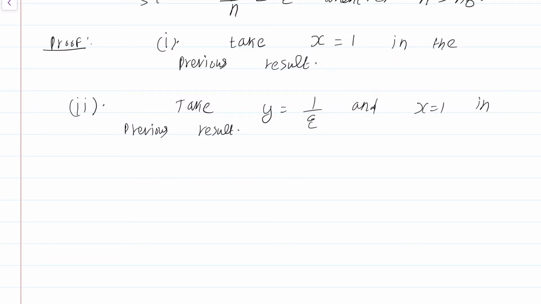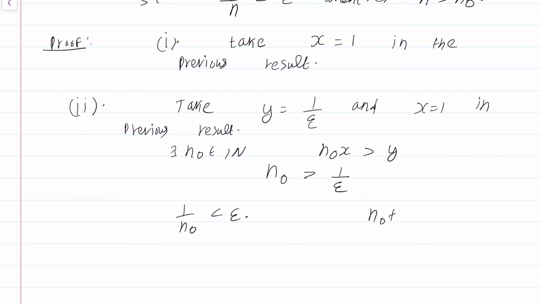What you get out of the previous result is that there exists n naught in N such that n naught x is greater than y, or in other words, where x is 1 now, n naught is greater than 1 by epsilon. Or in other words, 1 by n naught is less than epsilon.